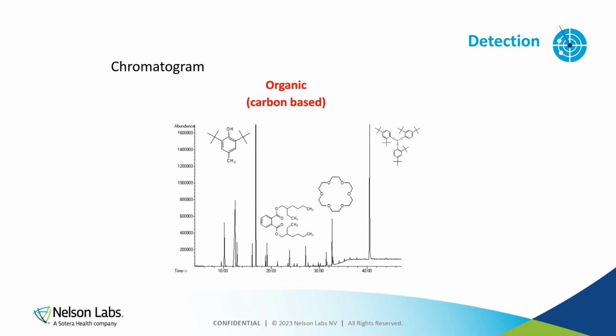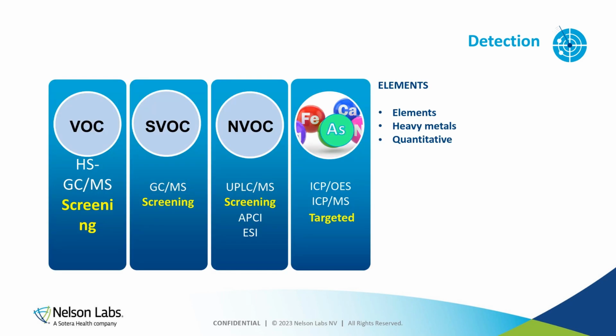Now, these peaks are representing the different compounds that migrate from your device, eluting at a certain retention time, as can be seen here, with a certain abundance. Now, the higher the peak or the abundance, the higher the concentration of your compounds. And then metals are analyzed with inductively coupled plasma with optical emission spectroscopy or mass spectrometry.